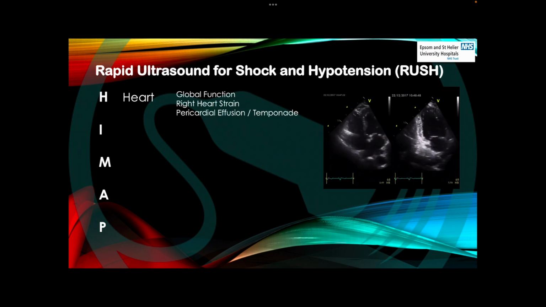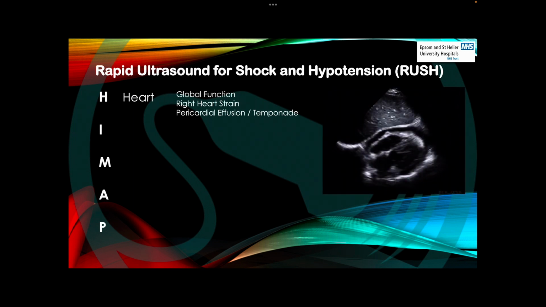Now, if we go to the other point, which is if there is any pericardial effusion, we are going to use the subxiphoid view. This is the subxiphoid view, this is the liver, this is the heart, this is the pericardium, and here is the pericardial effusion.